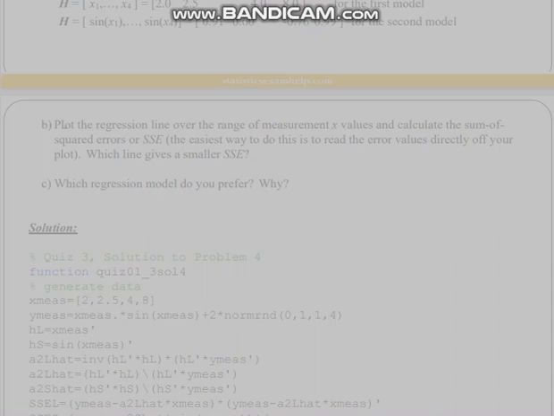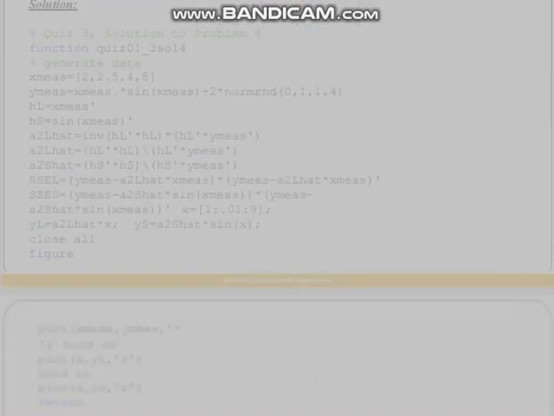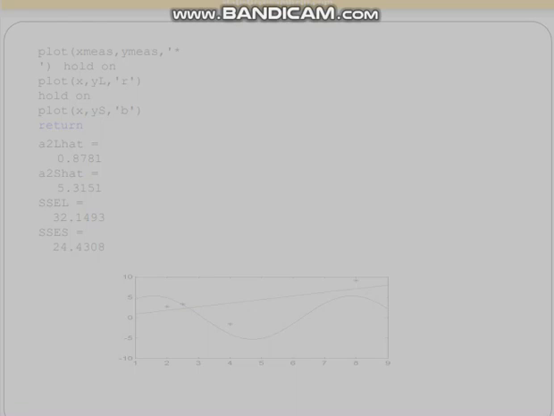Close all figures, plot zmeas, imeas with an asterisk, hold on, plot x, yL in red, hold on, plot x, yS in blue. Results: a2_lat equals 0.8781, a2_shat equals 5.3151, SSEL equals 32.1493, SSES equals 24.4308.